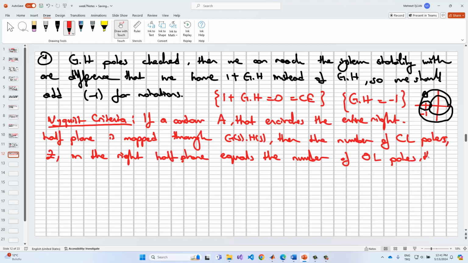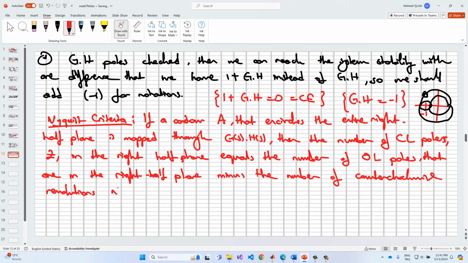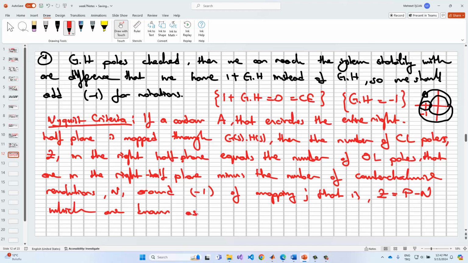Okay, and so that P in the right half plane minus the number of counterclockwise revolutions around -1 of the mapping, that is the same with the zeros: Z equals P minus N, which is known as the Nyquist diagram.